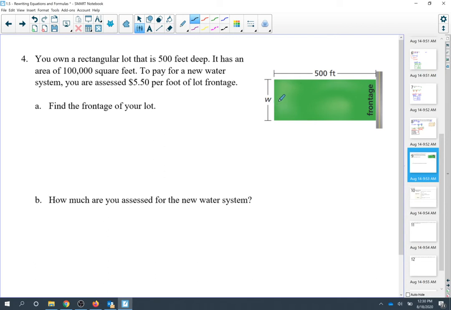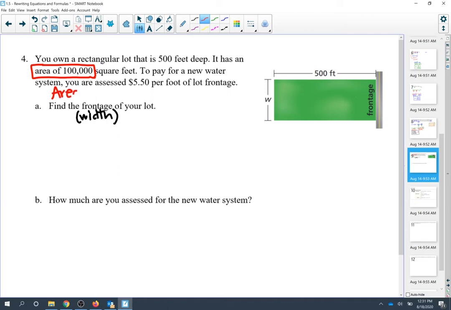So letter A, find the frontage of your lot, meaning find the width of your lot, because your width is how much is on the front of the road or the front of your property. Now, they told us up here that we have an area. Do we remember how to find area?